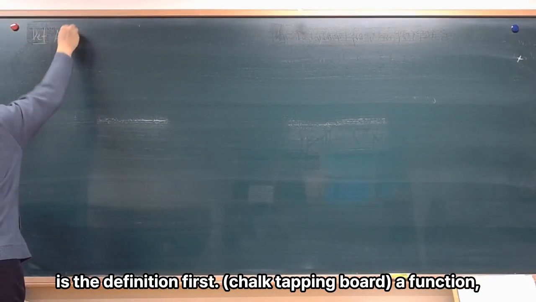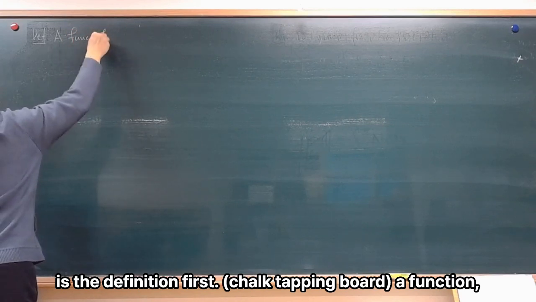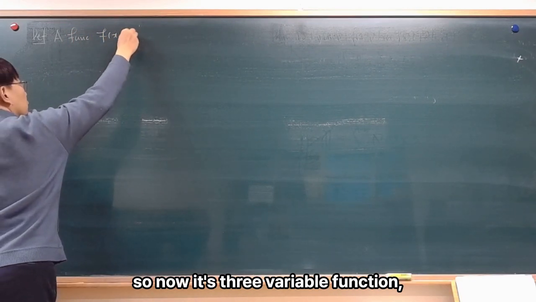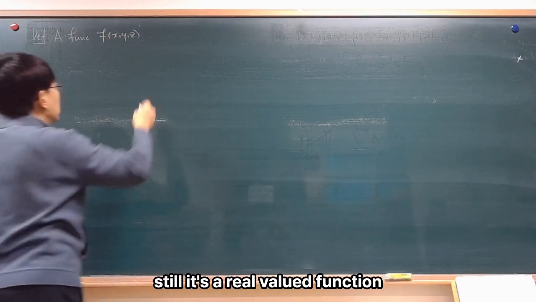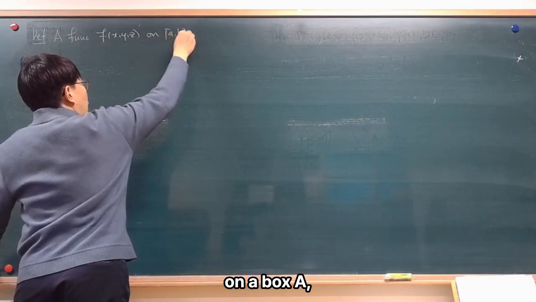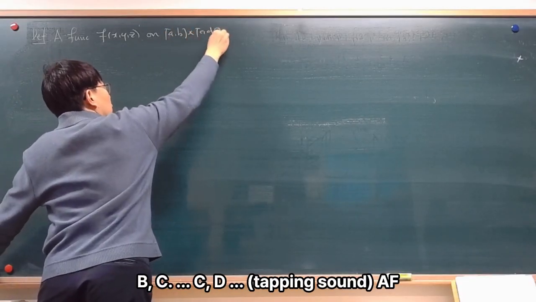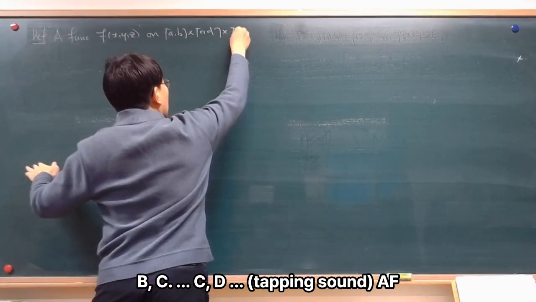Now it's a three-variable function, still a real-valued function on a box [a,b]x[c,d]x[e,f].